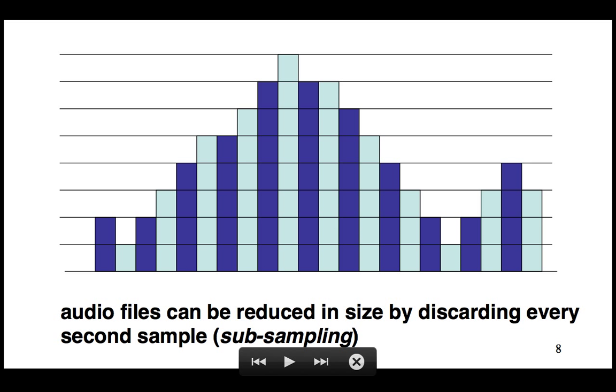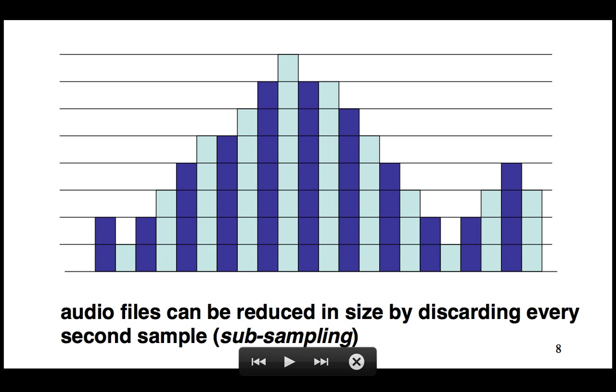Now that every so often can vary. In an image, you might be doing that 300 times in an inch or 800 times in an inch. In an audio file, you might be doing that 44,000 times per second or 22,000 times a second.